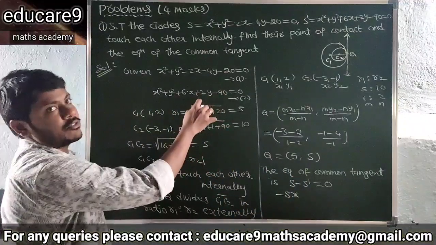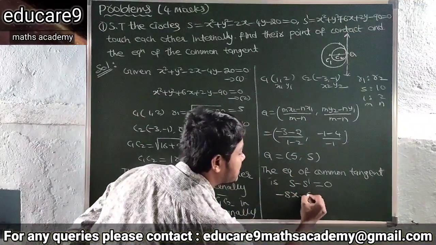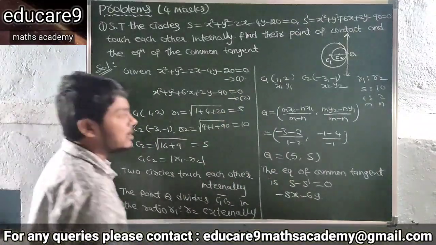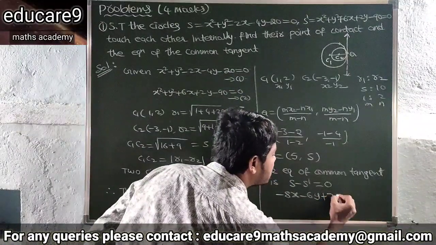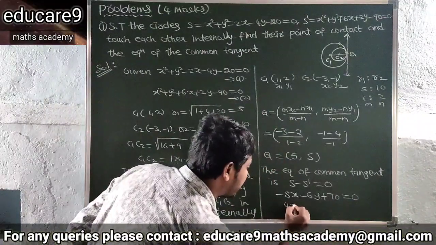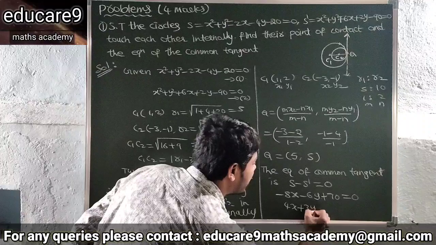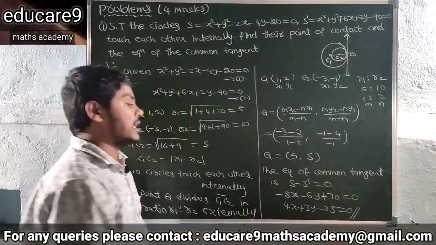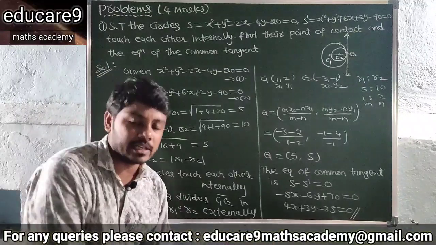Minus 4y minus 2y, that is minus 6y. Next, minus 20 minus of minus 90, that is plus 70, is equal to 0. In this, minus 2 is common, so you will get 4x plus 3y minus 35 is equal to 0. So this is the required common tangent equation.